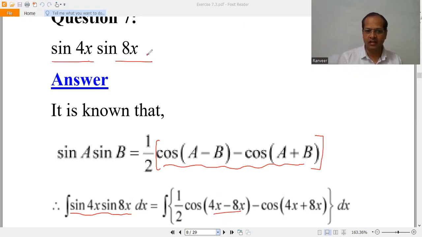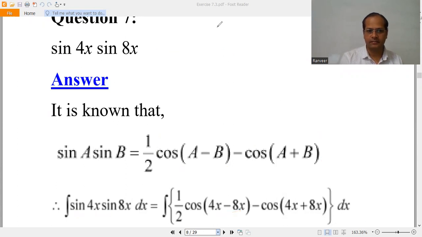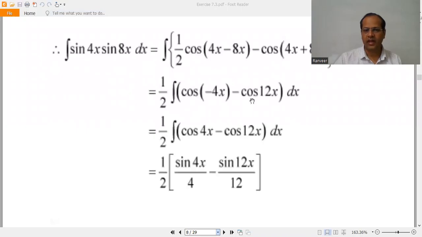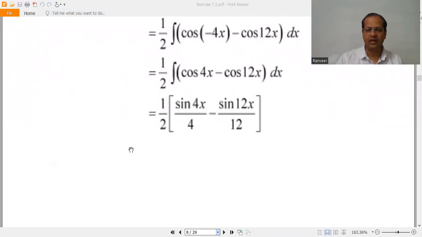Now cos of minus 4x, cos of 12x, and after applying the formula, we can write sin 4x by 4 and sin 12x by 12. This is the way.